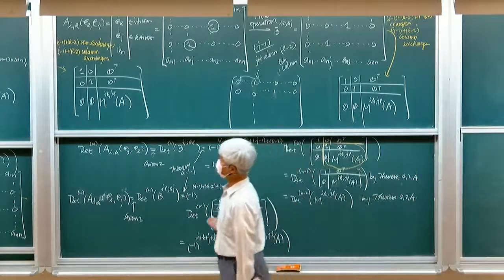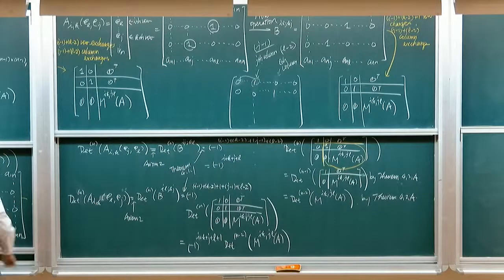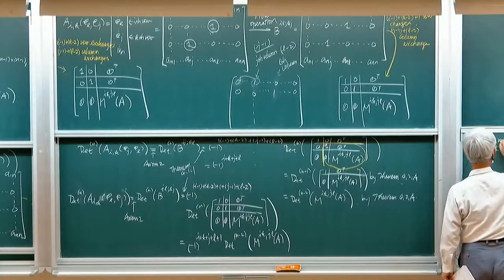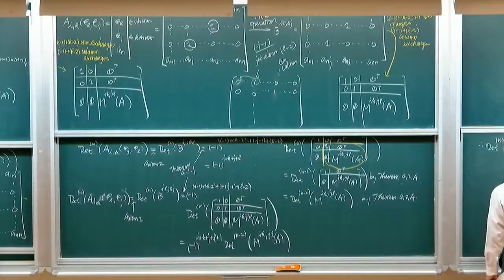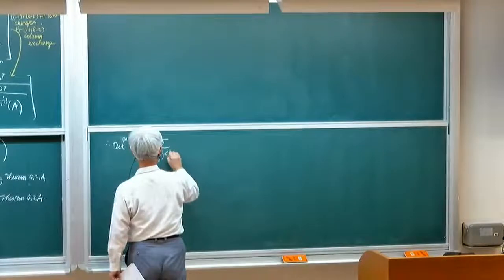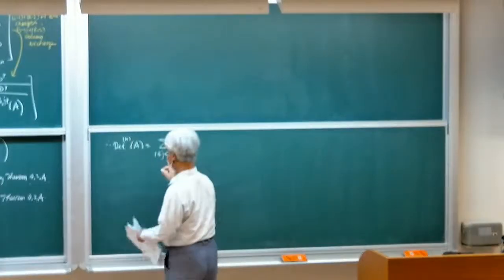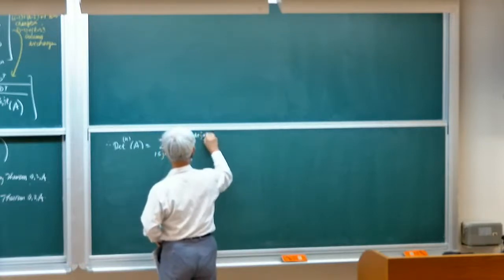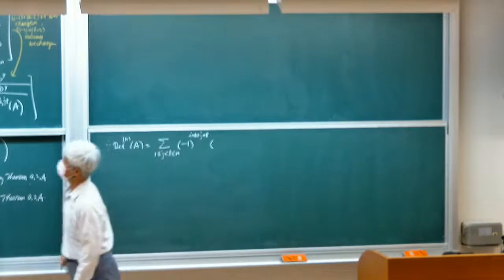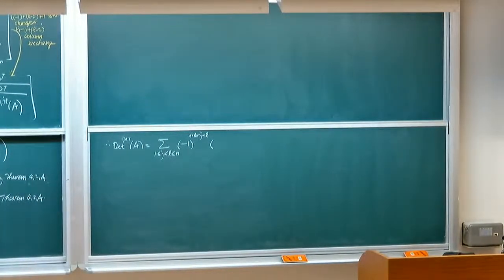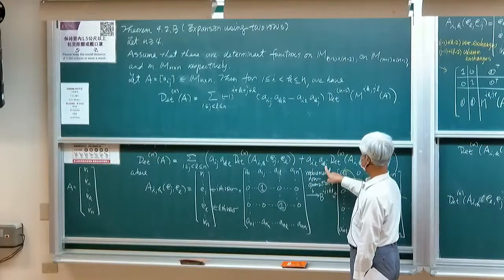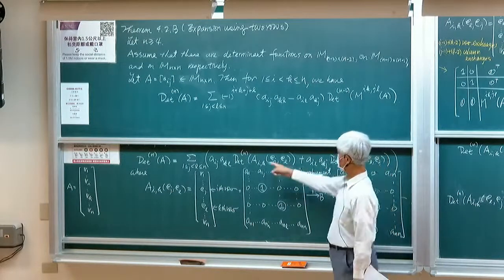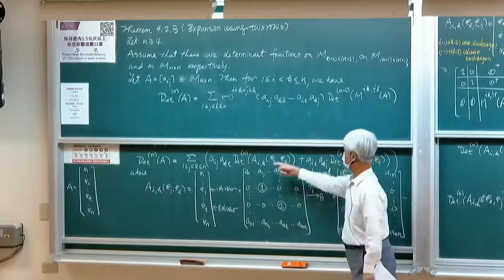And now we can plug here this one. So that the determinant of A equals the summation, okay, and minus 1 to the i plus k plus j plus l. Okay. Now these two determinants, right?